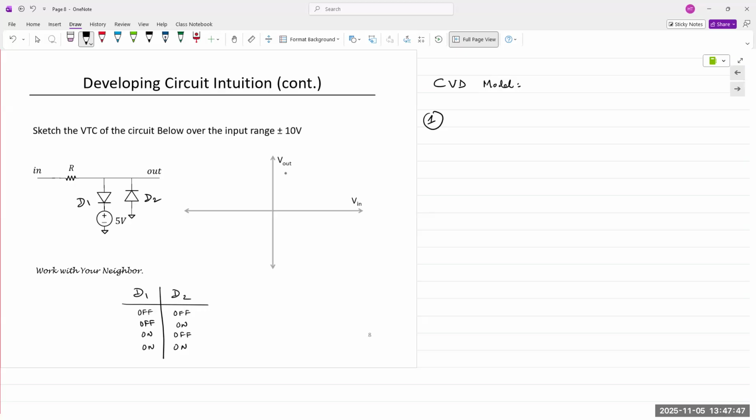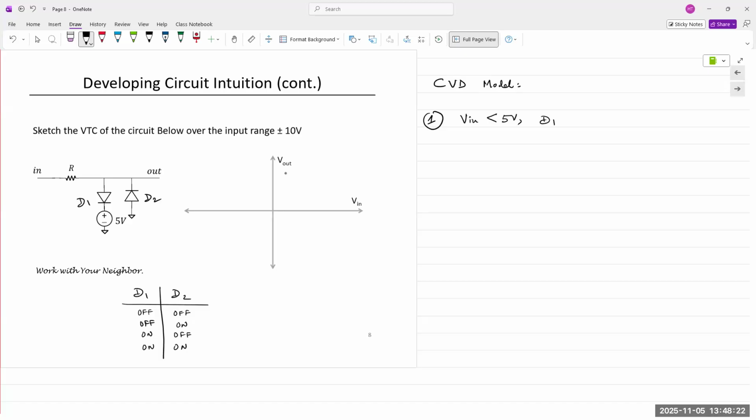So let's say V in is less than 5 volts. If V in is less than 5 volts, what is D1? Is it on or off? We just saw that in the previous circuit.